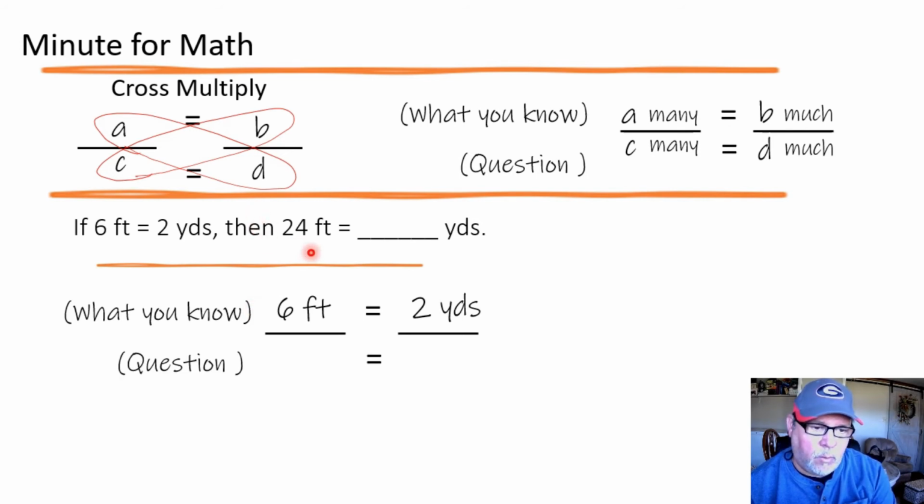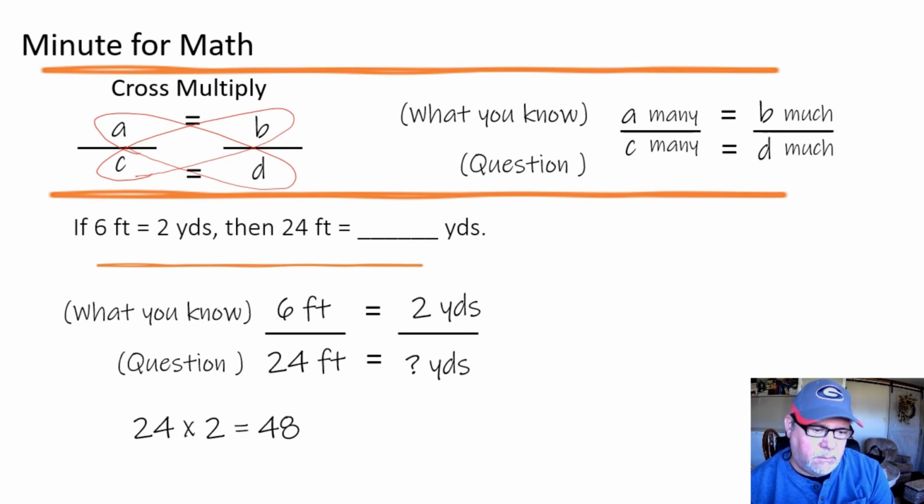Our question, or what we want to know, is how many yards is 24 feet? So where are we going to put the 24? Feet. So we're going to put 24 right here, pair it up with this feet. Then what we don't know is yards. How many yards? Okay? It's so easy.